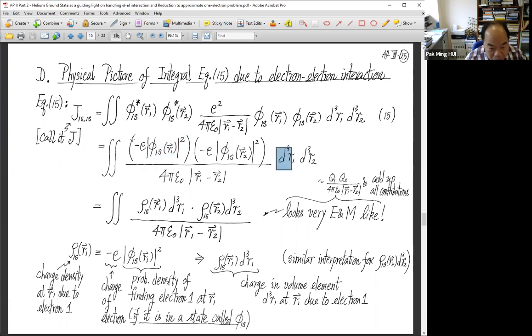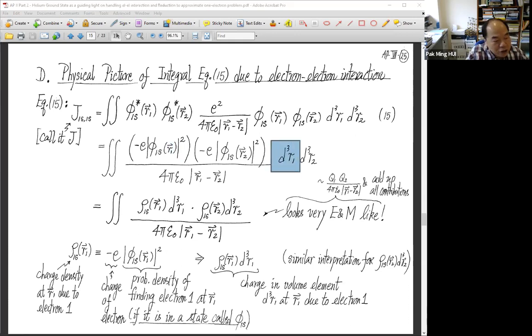Now, if I multiply by minus E, we can interpret it as when one electron is in the 1s state, this whole combination, minus E times the wave function squared times d3r1, is the tiny bit of charge located at r1 inside a box of this volume. Okay, do you follow me?